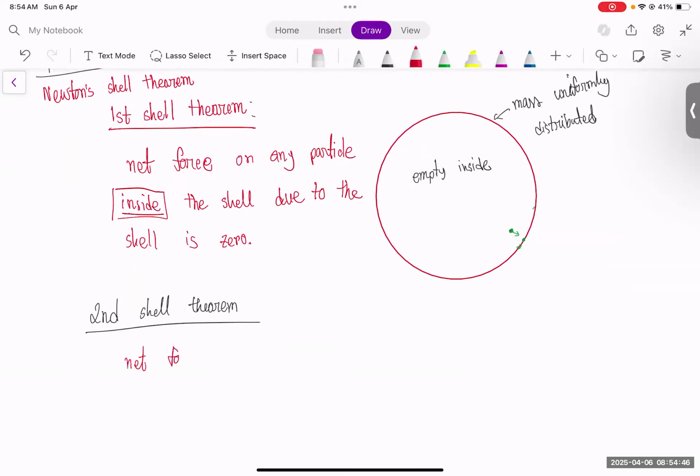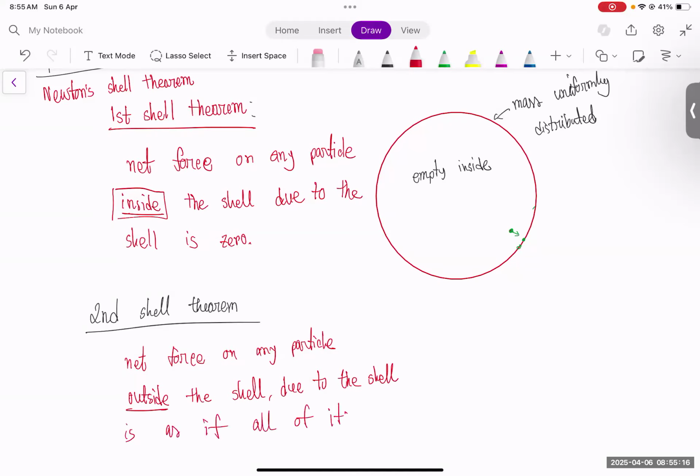So the net force on any particle outside the shell due to the shell. আমরা again just শেলের জন্য gravitational interaction হিসাব করতেছি, not for anything else. Shell is as if all of its mass is concentrated at its center.